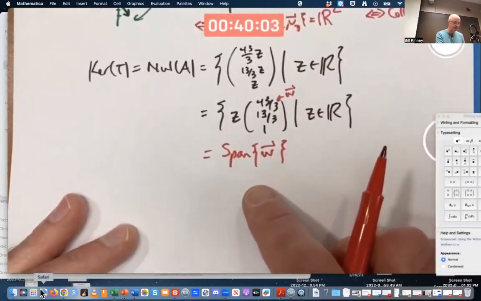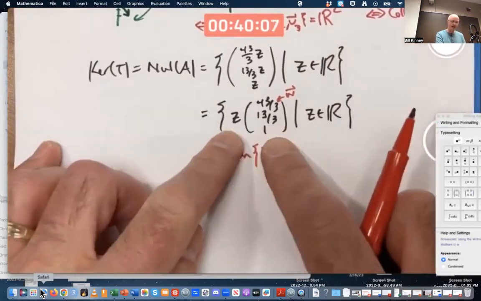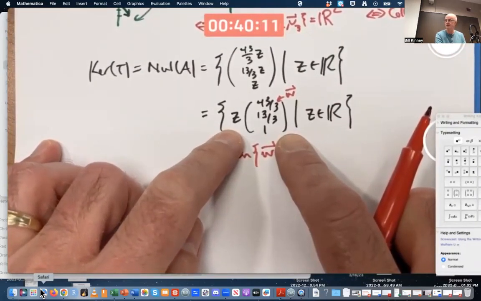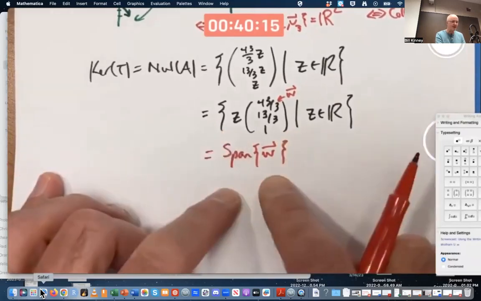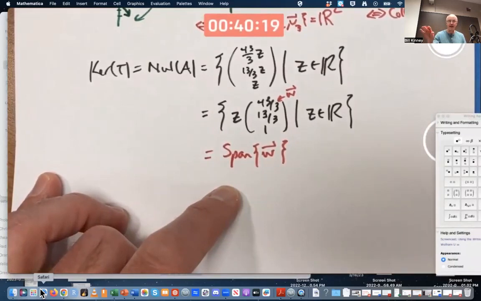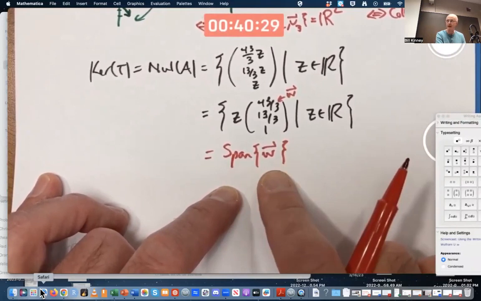The kernel here is the span of this one vector W because that's an arbitrary linear combination of one vector, all scalar multiples of it. When I write this, I don't mean W is the only vector in the kernel. Never, ever, ever think that from now on, because I've just told you not to do it. I mean all scalar multiples of W form the kernel. The kernel here is an infinite set, even though I only have one vector in it.